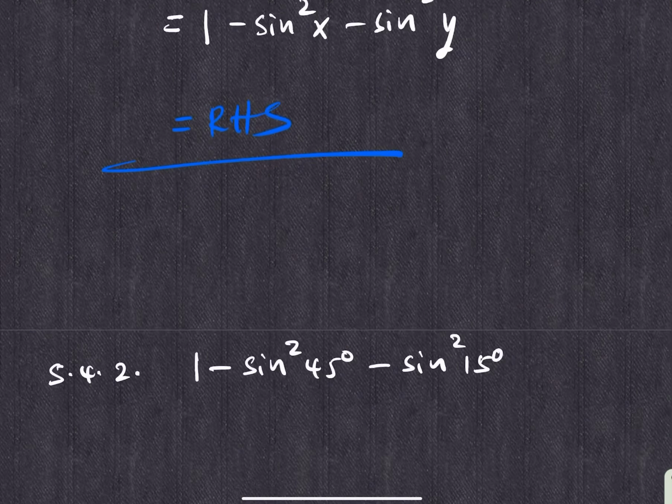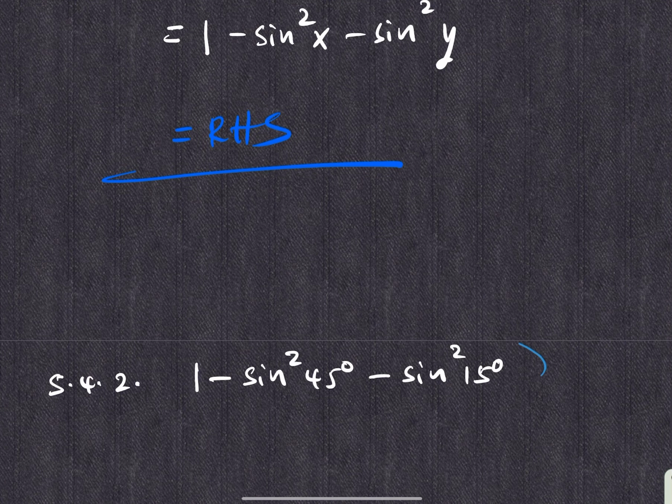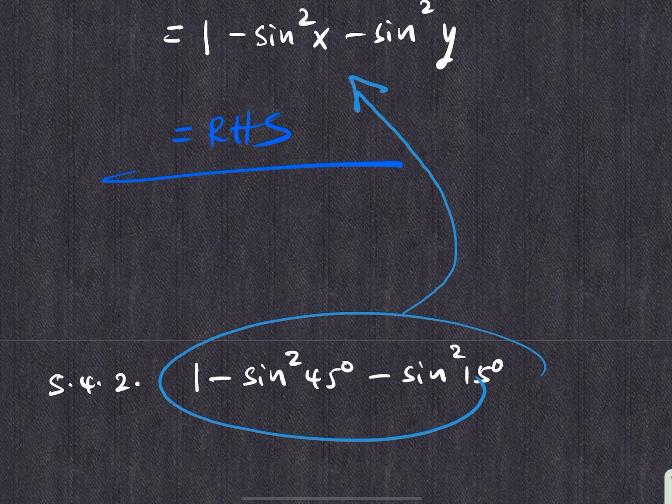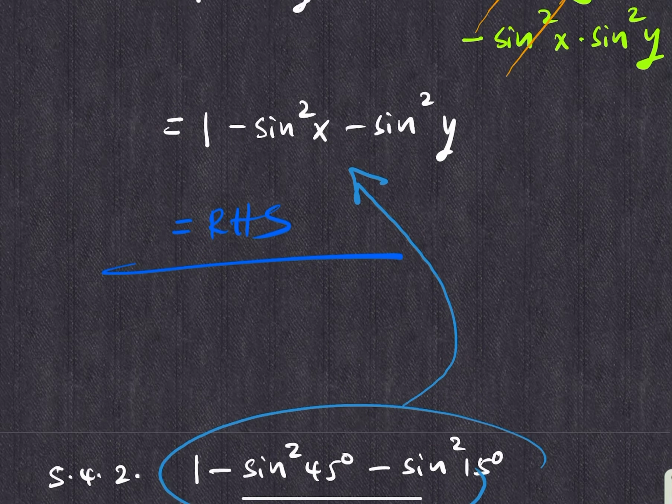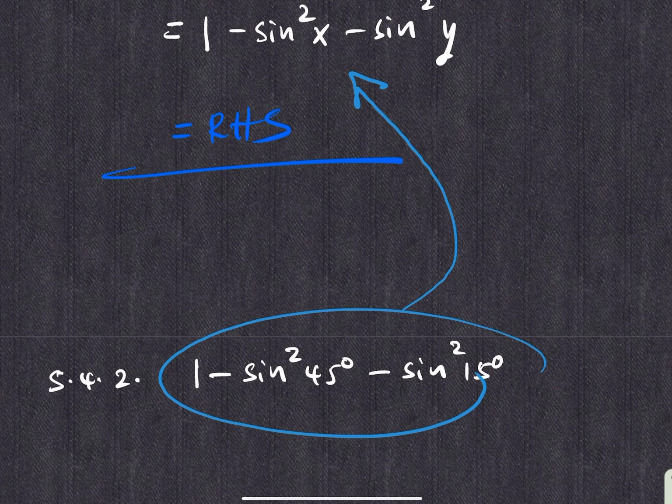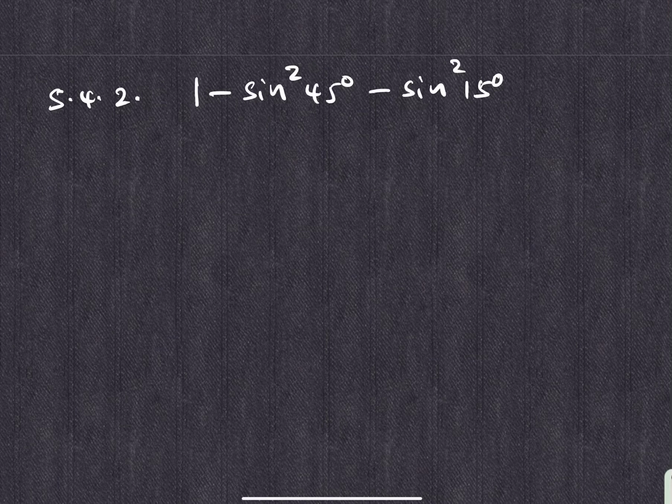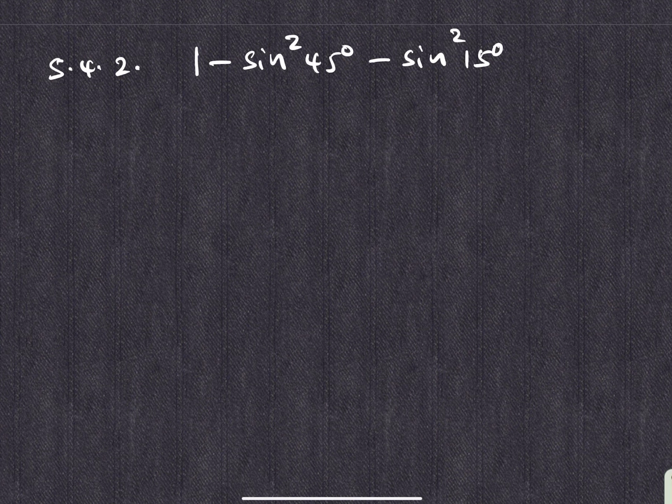This resembles that particular identity which you proved, which equals cos of the sum of the angles multiplied by cos of the difference of the angles. So you are going to get cos of the angles added, that is 45 degrees plus 15 degrees, multiplied by cos of x minus y.